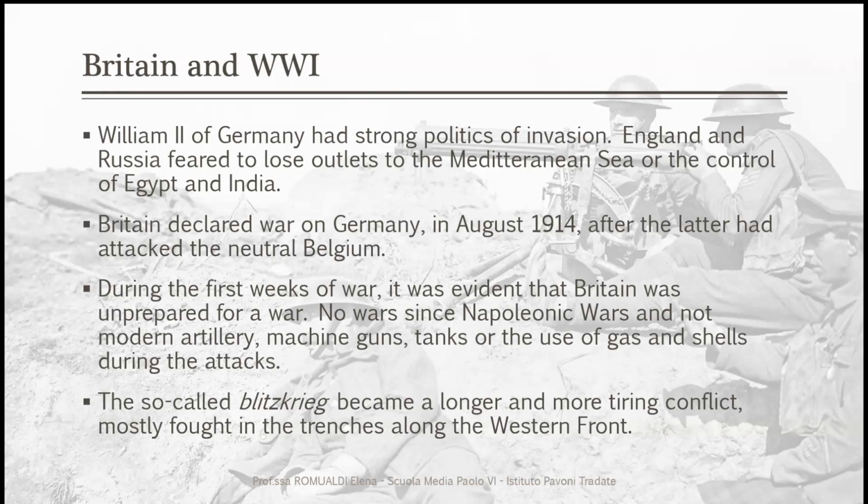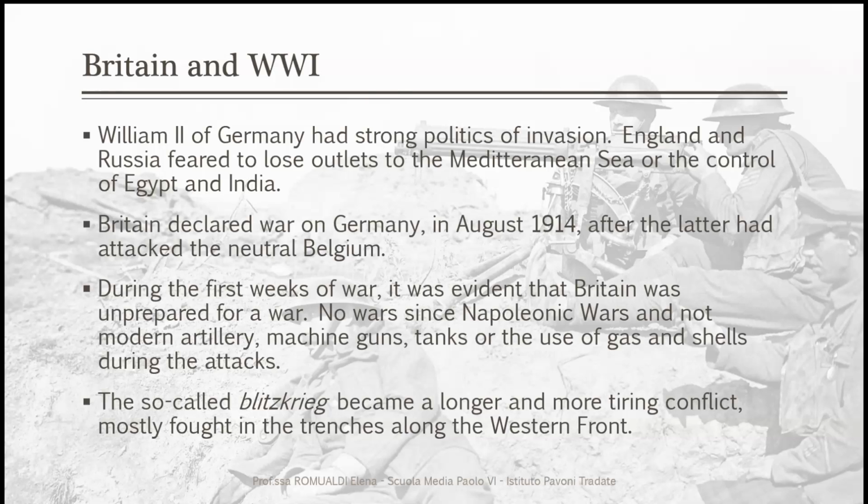Let's focus then on Britain and the entry of Britain into war. We know that England and Germany have always been on friendly terms because they both rejected France and Russia dominance on Europe. However, William II's policy was unstable and, above all, it was not as prudent as Bismarck's politics.